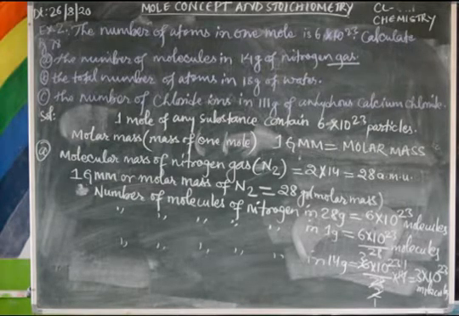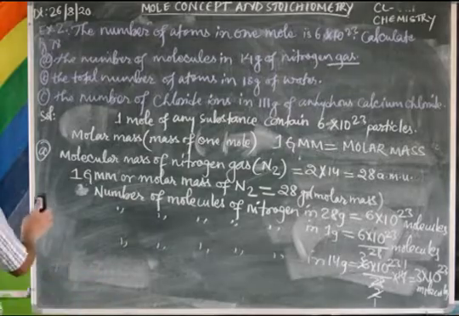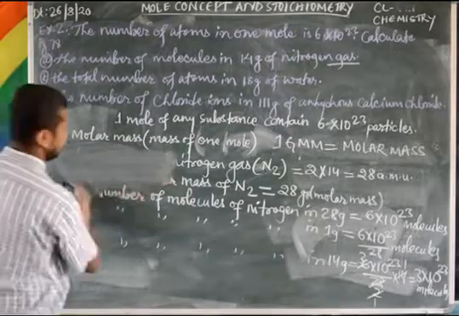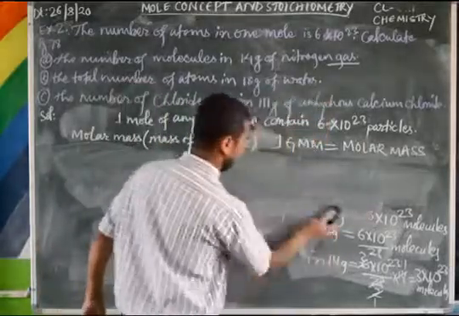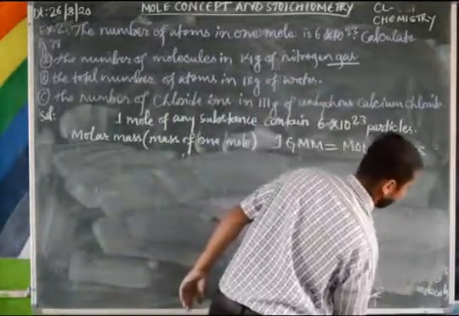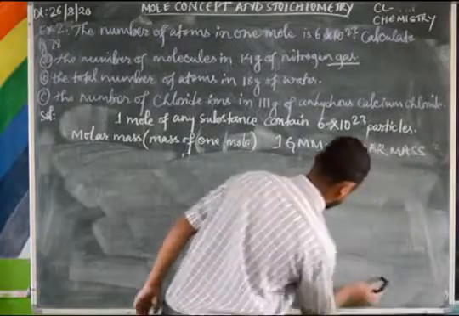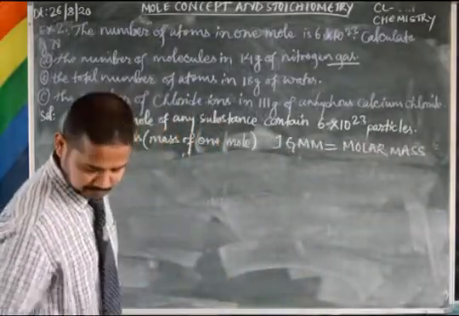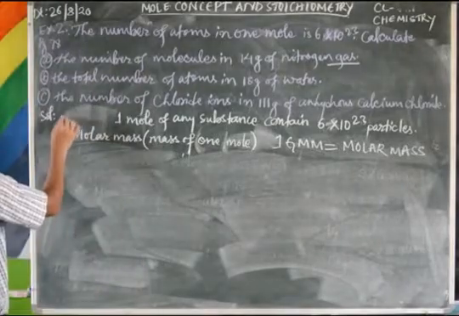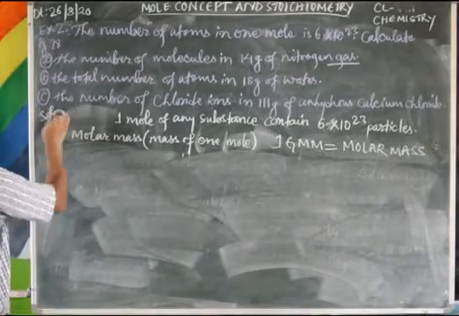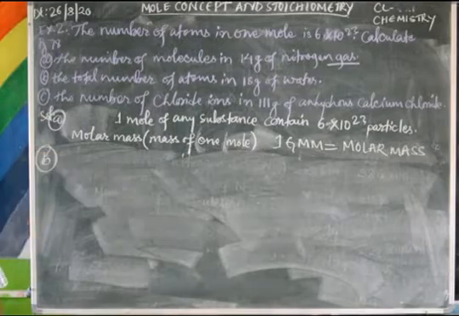Question number B. This is A we have done, then B. The total number of atoms in 18 gram of water.